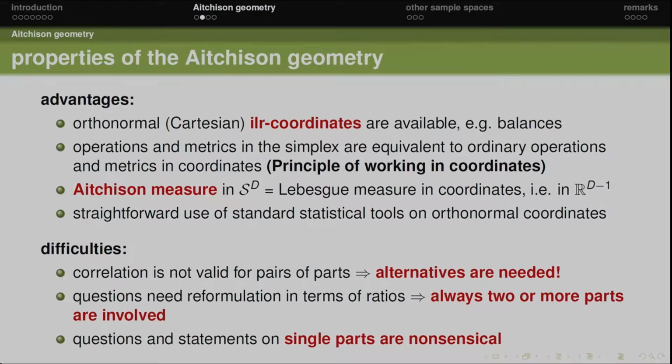Questions formulated towards the data, the questions that we want to analyze, it would be better to formulate them in terms of ratios, because in terms of ratios, we can answer them.